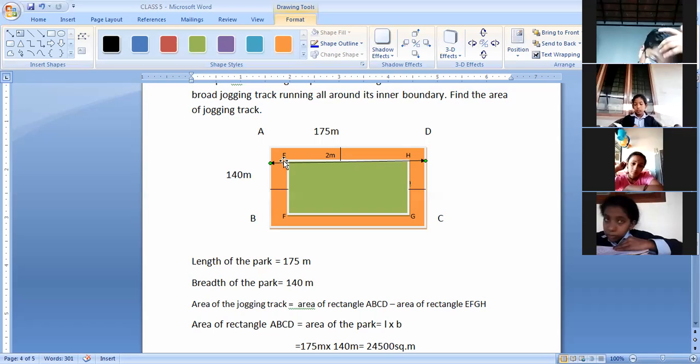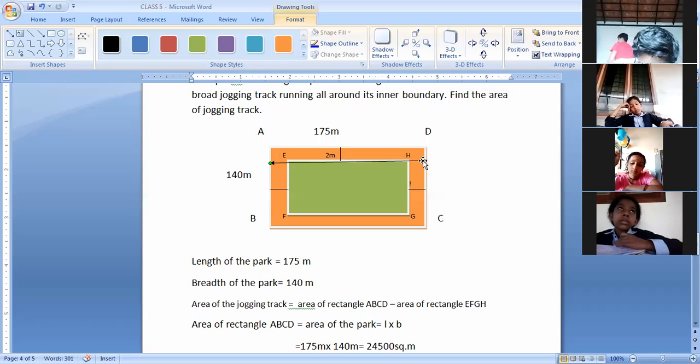So we don't need this portion here and this portion here. This length is 2 meter and this length is 2 meter. We can subtract those 2 meters from 175. Then what will you get?